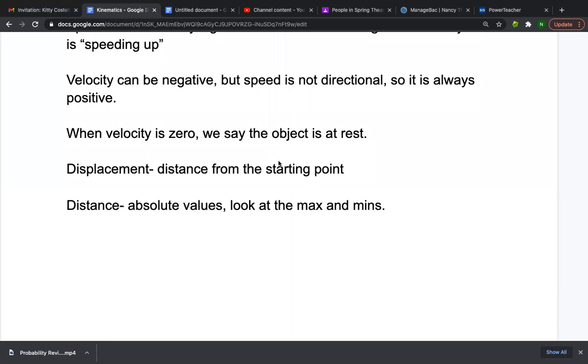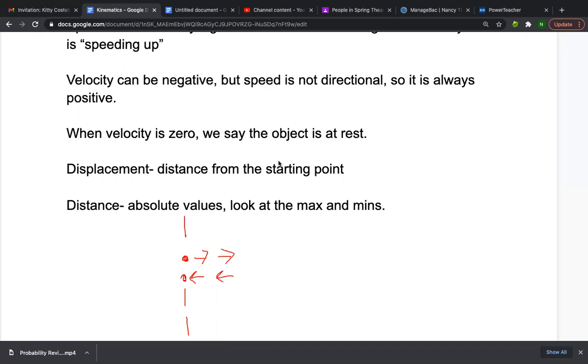When we talk about displacement, that's the distance from the starting point. So if I were to take 2 steps forward and then take 2 steps back, I actually ended up at the same point. My displacement, the distance from my starting point, is 0.